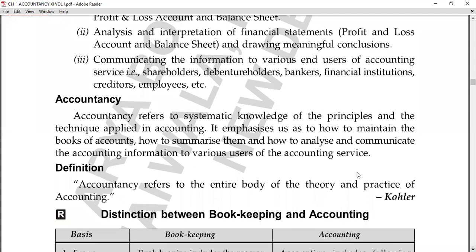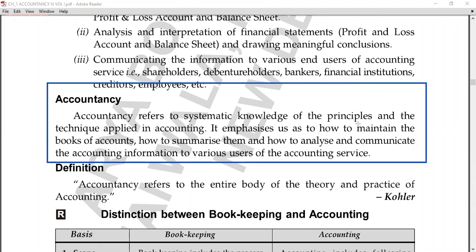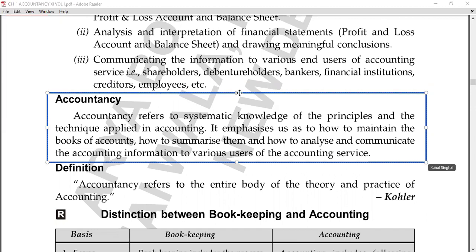Accountancy refers to systematic knowledge of the principles and the technique applied in accounting. Put a full stop and further continue.